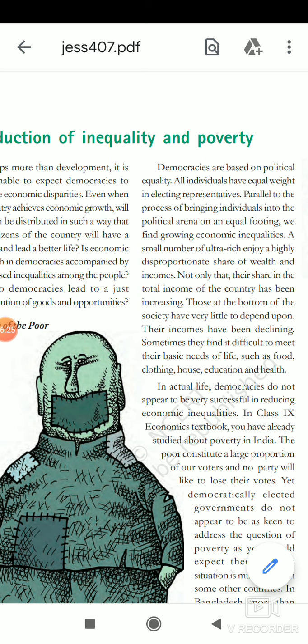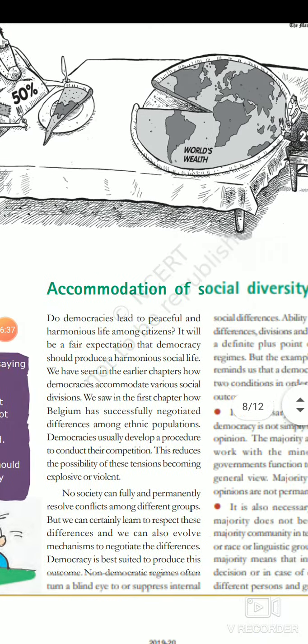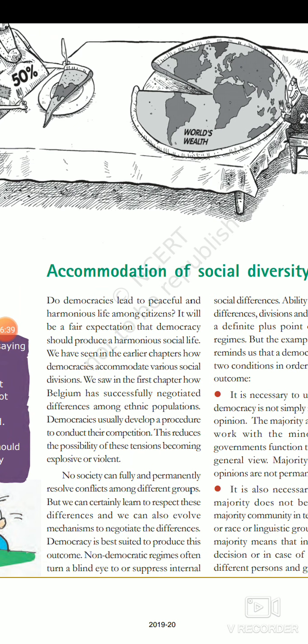In a democratic country, there is linguistic diversity, religious diversity, social diversity, economic diversity. But there is proper opportunity to accommodate the social diversity. For example, India is the largest democratic country of the world, and here are multi-religious people: Hindu, Muslim, Jain, Buddhist, Christian, Sikh.